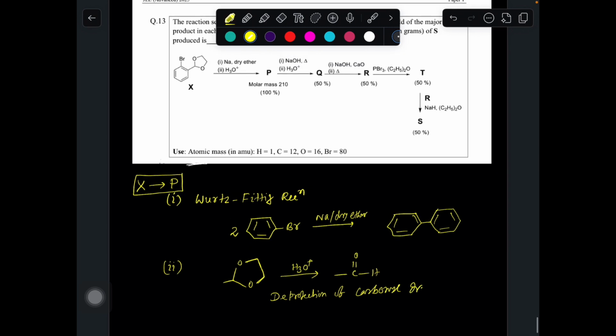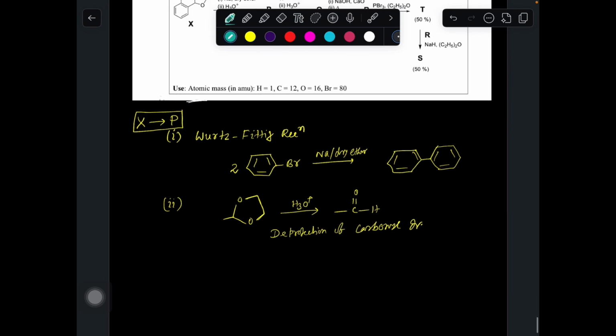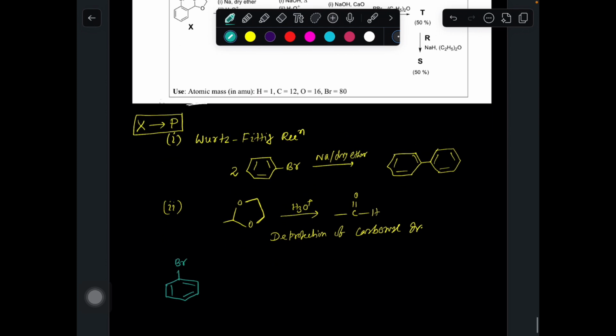So X to P: here also 2 moles of X is used. Whenever I use the given reaction, bromine is given, and this is somewhat lengthy, so give some time.